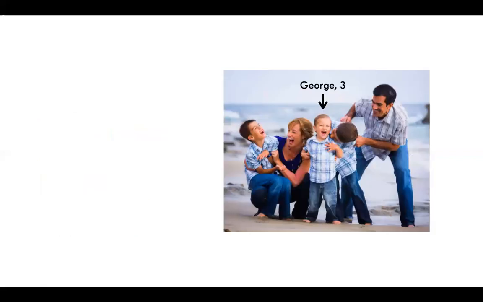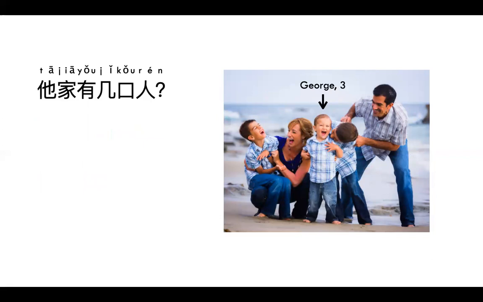This is George's family. 这是 George 的一家. 他家有几口人? Answer, 他家有5口人. 他有姐姐吗? Answer, 没有, 他没有姐姐. George has no elder sisters. Well, all the children are boys.